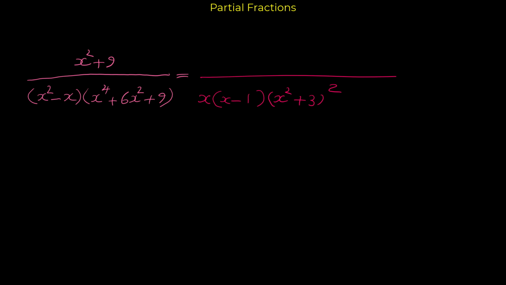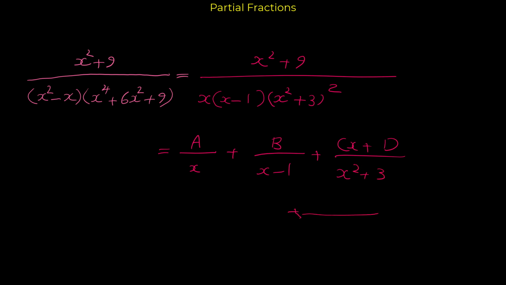Now that we have the factored form of the denominator, we are ready to write the partial fraction decomposition form: A over x plus B over (x minus 1) plus (Cx plus D) over (x^2 plus 3), and finally (Ex plus F) all over (x^2 plus 3) to the power of 2. This is the partial fraction decomposition form for this rational function. This is our answer.